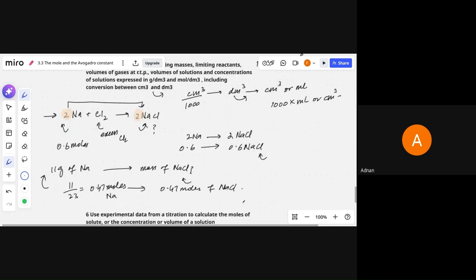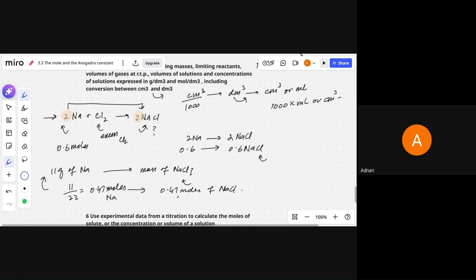Now we can convert these moles into grams. The formula is mass equals moles times the relative molar mass. The relative molar mass of sodium chloride is 58.5.